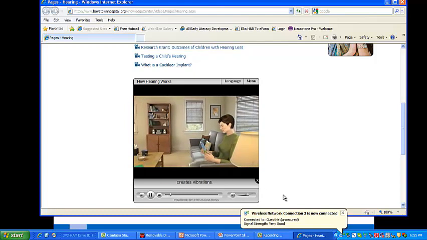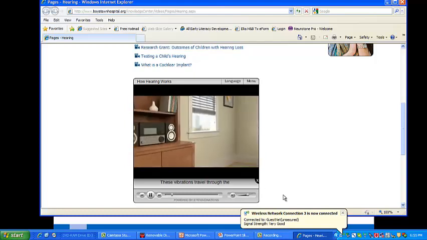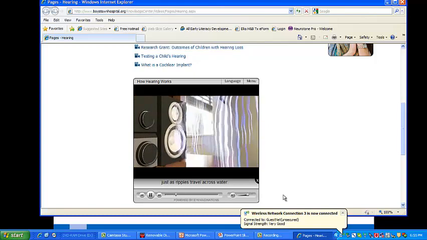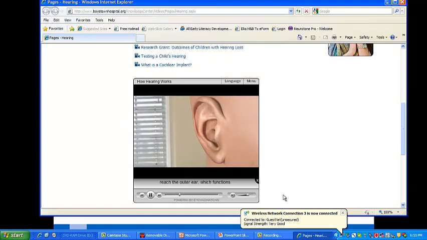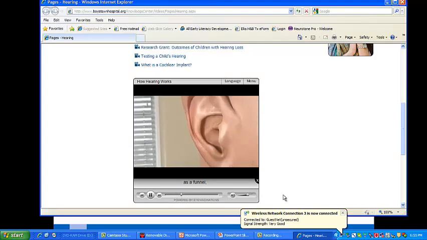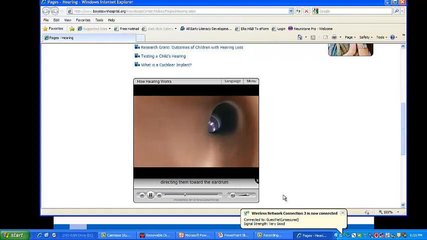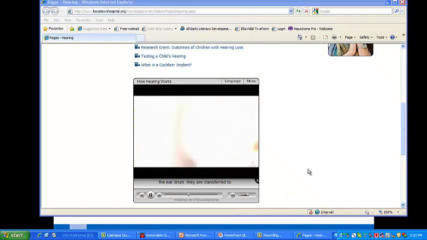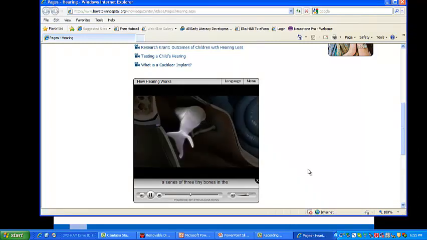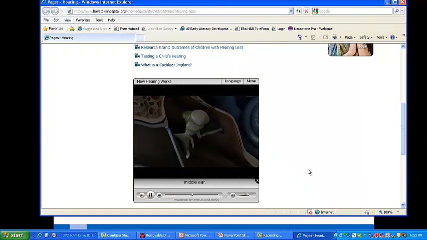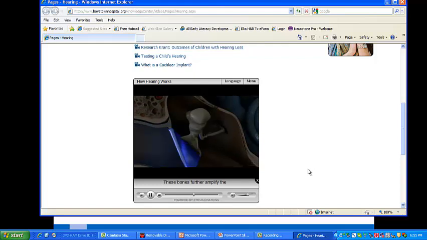Sounds are formed anytime an object creates vibrations. These vibrations travel through the air, just as ripples travel across water. Hearing begins when the vibrations reach the outer ear, which functions as a funnel, collecting these sound vibrations and directing them toward the eardrum. As sound vibrations are picked up by the eardrum, they are transferred to a series of three tiny bones in the middle ear.